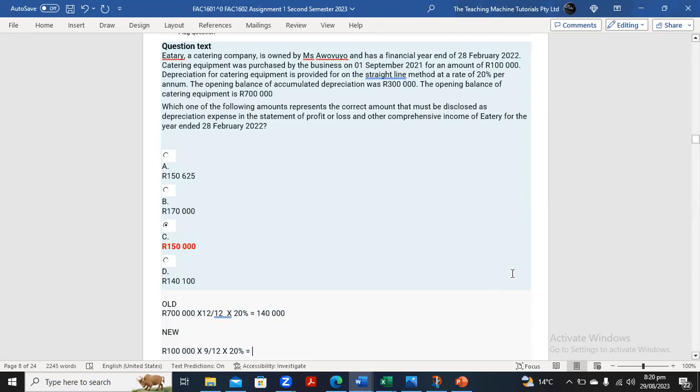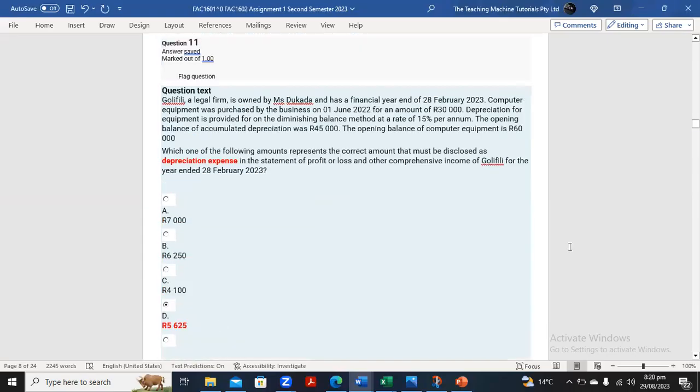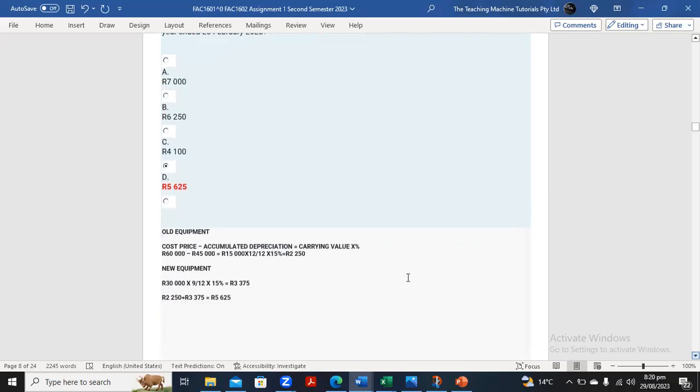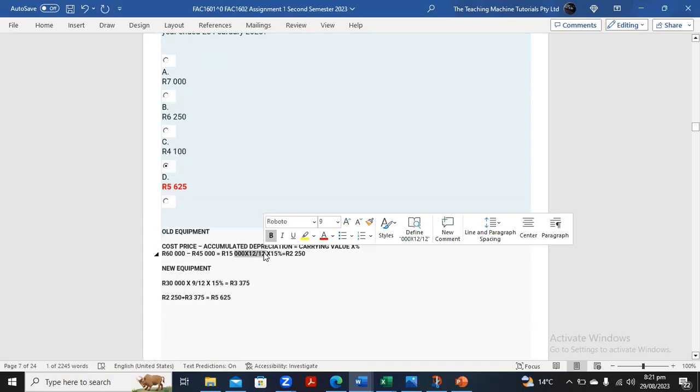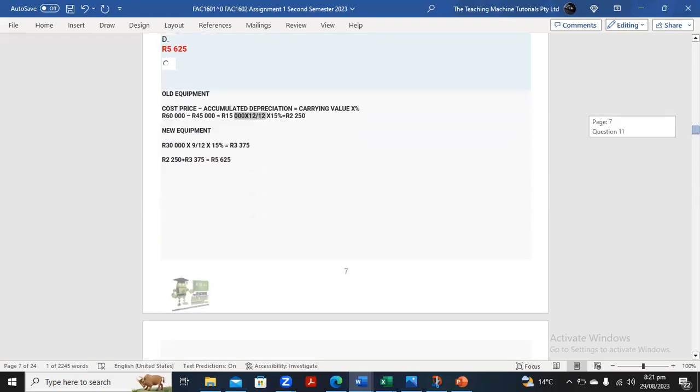Okay, guys, can you see that if you calculate depreciation for an old asset, you'd use 12 divided by 12 because it has existed for the full period. It has been there. But the new one only came at a certain date.